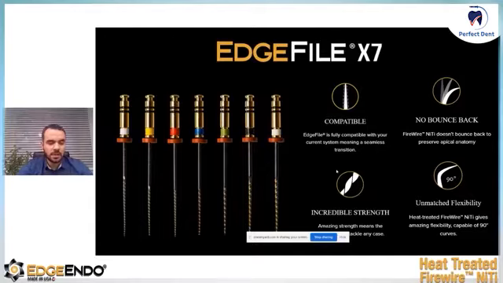The file is also electropolished, increasing strength and sharpness. Available in taper 4 and taper 6, tip sizes from 0.20 to 0.45, and the flute's maximum diameter is 1 millimeter, which allows us to be minimally invasive in preparation.